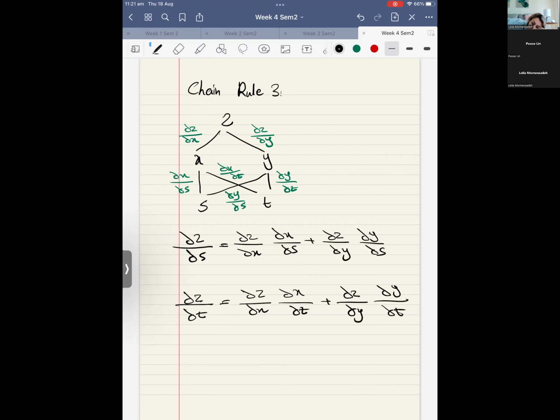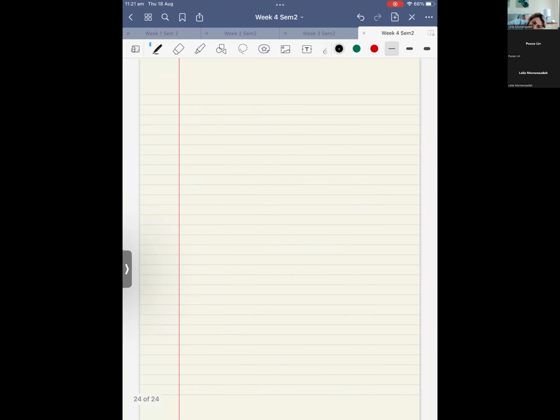And there is a general rule for the chain rule. The general chain rule.